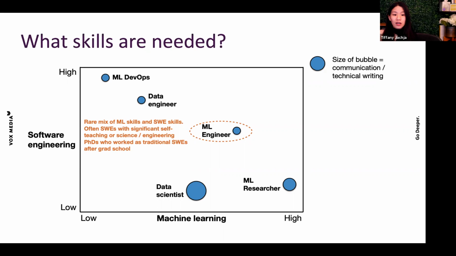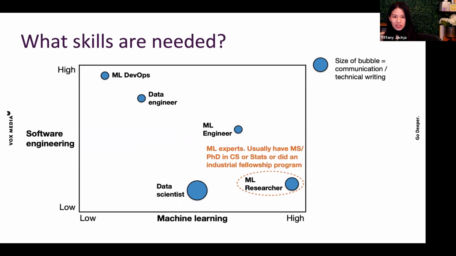Some people will go back to school and learn more about machine learning, and this is where they'll end up falling into the machine learning or data science space, right? And it's great because it's the practical standpoint of, okay, we're not just developing models or doing research for the sake of doing research, we're actually putting these out into production and making them useful. Money, revenue, all of the fun stuff, right? So that's the machine learning engineer.